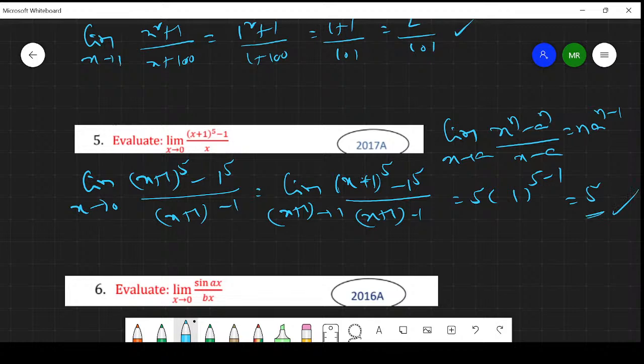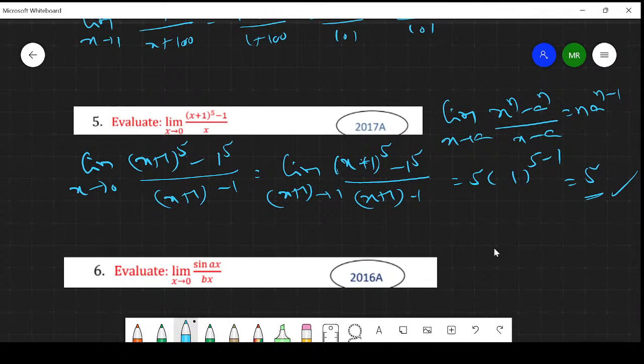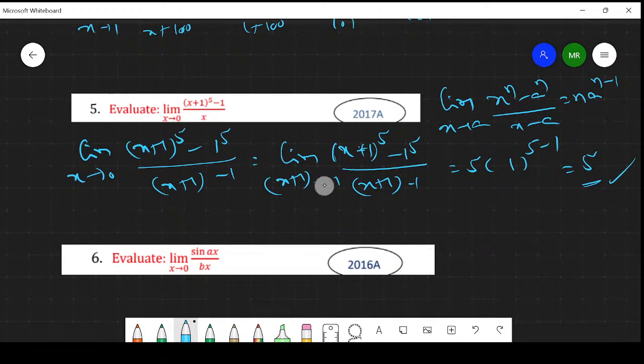Your answer is 5. You can do it in a simple way like this. This approaches 1; adding 1 on both sides, x + 1 approaches 1. Compare with this limit. Your answer is this. Simple one.